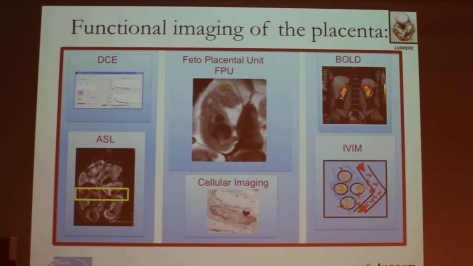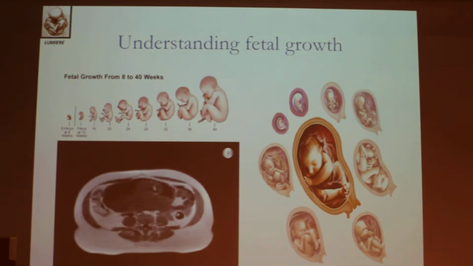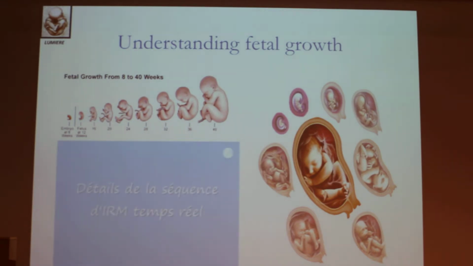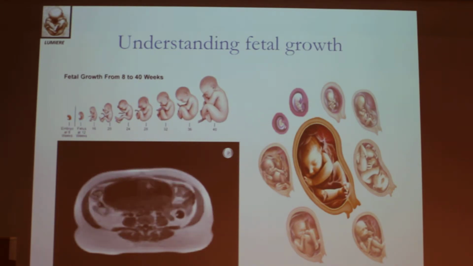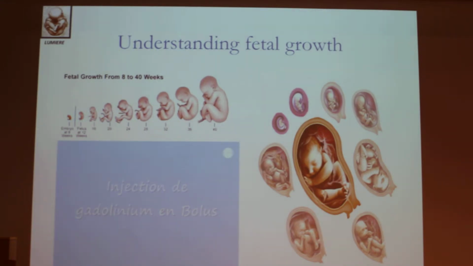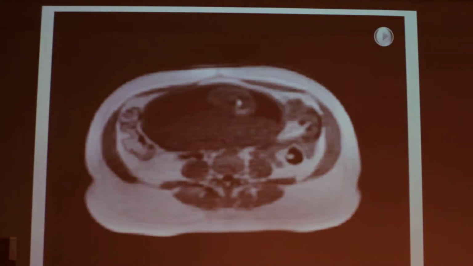And what is the issue of looking for the normal function of the placenta? It's because the placenta will be directly related to fetal growth, and the better the placenta works, the better the fetus grows. And this is really an important issue. We don't have enough means with ultrasound to assess the normal growth of the fetus and the normal function of the placenta, because we only have Doppler, and Doppler is not a good enough means to assess the normal function of the placenta, and MRI could really prove useful in the next few years.